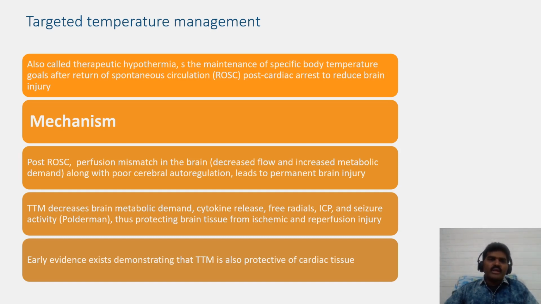When you reduce the temperature, brain metabolic demand, cytokine release, free radical damage, intracranial pressure, and seizure activity all decrease, thus protecting the brain tissue from ischemic and reperfusion injury. Early evidence exists demonstrating that TTM is also protective of cardiac tissue.